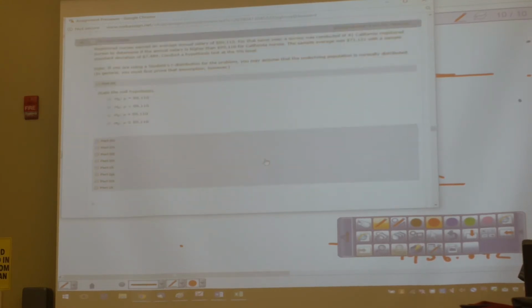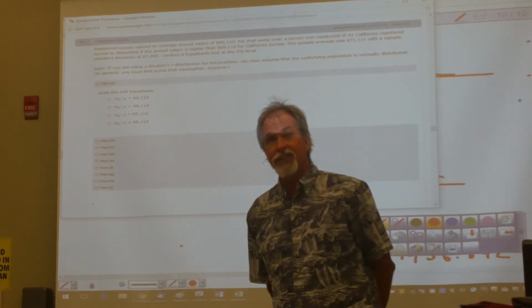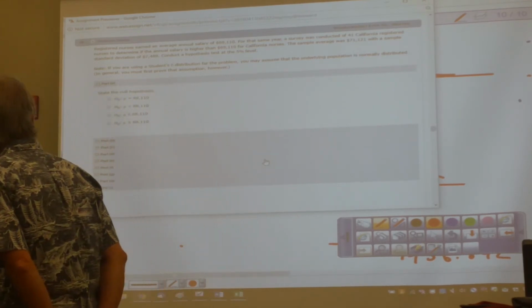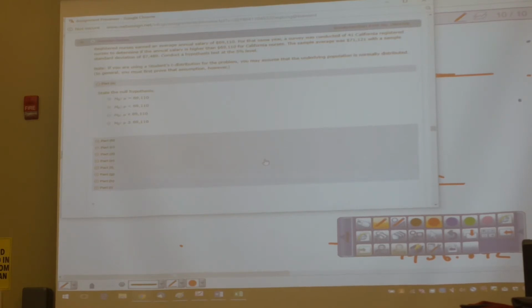That's 25, this is 26, okay. Does somebody want to read that for us? Registered nurses earn an average annual salary of $69,110. For the same year, a survey was conducted of 41 California registered nurses to determine if the annual salary was higher than $69,110 for California nurses. The sample average was $71,121, with a sample standard deviation of $7,489. Conduct the hypothesis test at the 5% level.